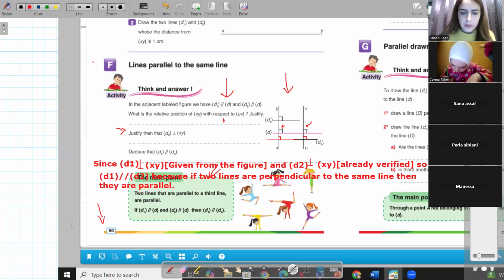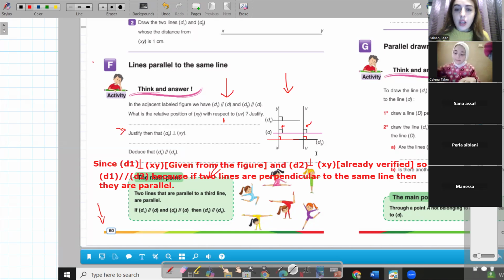Miss, which number are we in? We are in the third part of the exercise, think and answer. We did the first and second part last time, now the third one. So I'm gonna repeat what we said. D1 is perpendicular to XY, it's given from the figure because they put the 90 degree for us. We consider this 90 degree given.